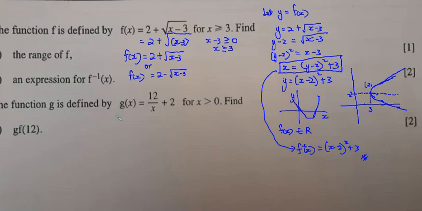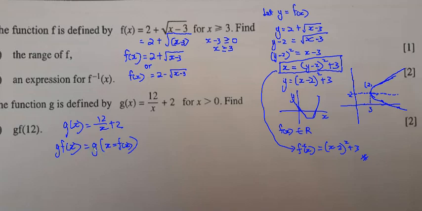Now let's look at this. g(x) equal to 12 over x plus 2. Now, gf(x), what's the meaning? That means g bracket f(x).